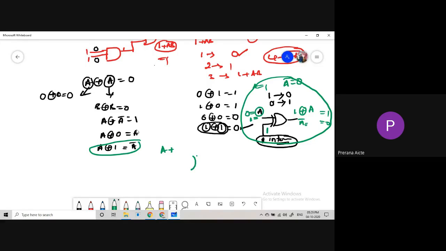So here this XOR gate is used as an inverter. How many inputs are there for an XOR gate? Two inputs.